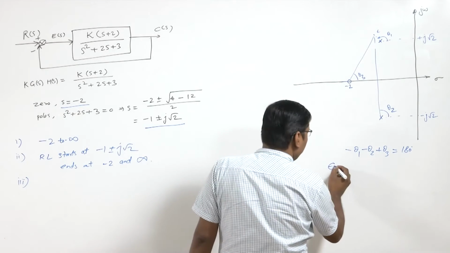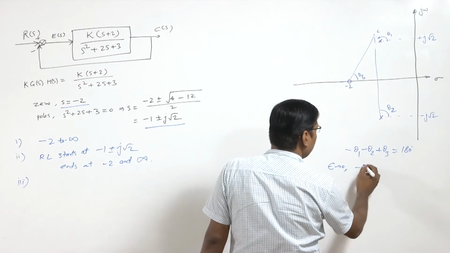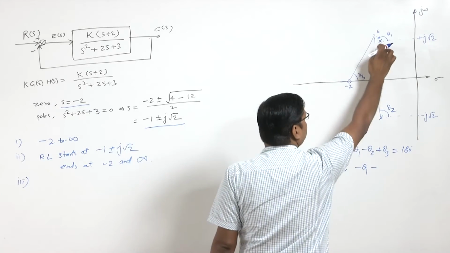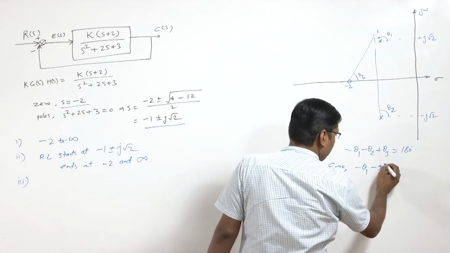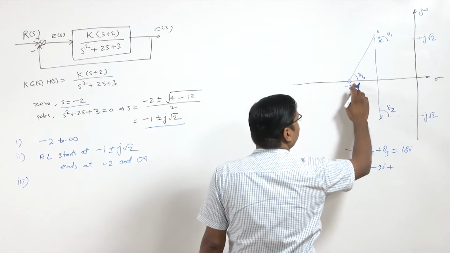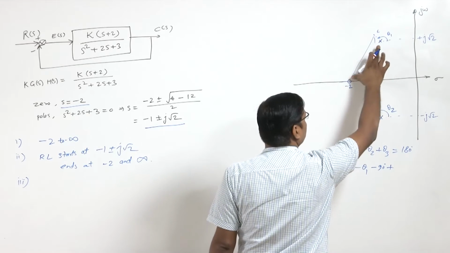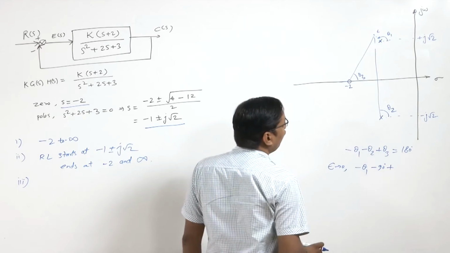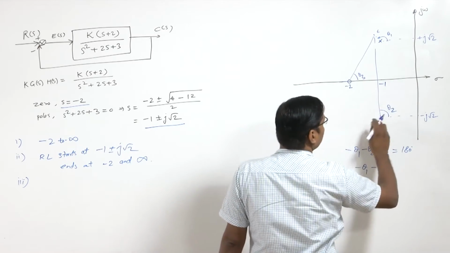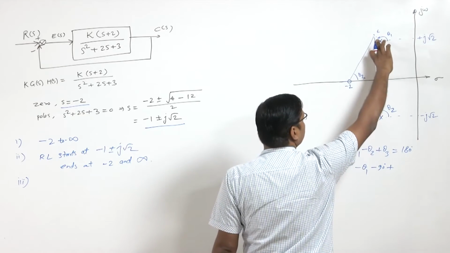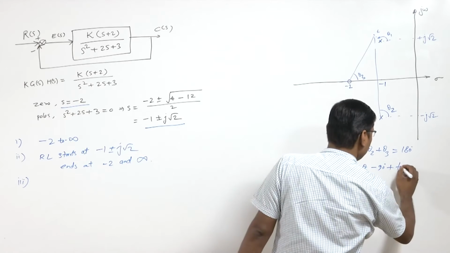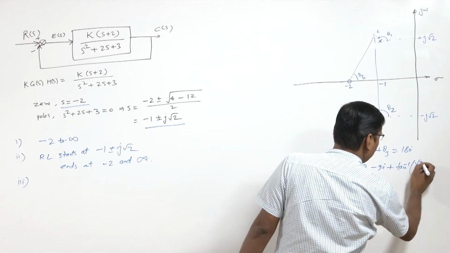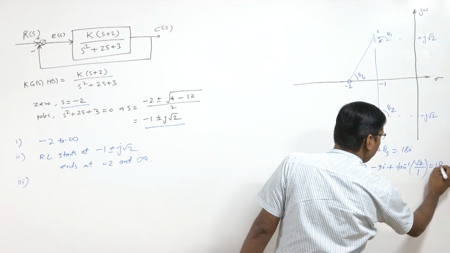Now when epsilon tends to 0, minus theta 1 minus theta 2, where theta 2 is 90 degree, and plus theta 3. Theta 3 is tan inverse root 2 by 1, because here it is minus 1. So tan inverse root 2 by 1 is equal to 180 degree.